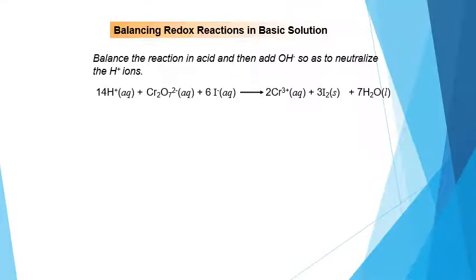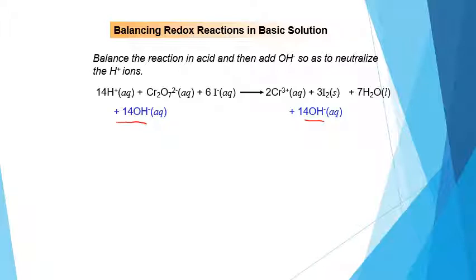Then in order to balance the H plus ions, we have to add the OH minus ions. So in this case, since we have 14 H plus, we have to add 14 OH minus in the left and 14 OH minus in the right portion. So in order to have 14 OH minus in the left, that means that we have a total of 14 water here, because H plus plus OH minus is equal to H2O.